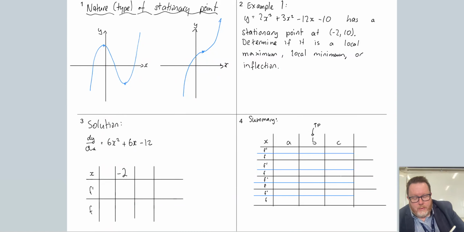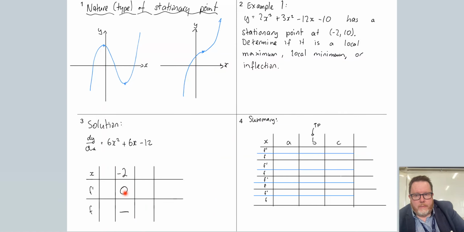And that means that the gradient at that point is 0. In terms of the original function, it means that we have a point where the gradient has flattened out. So I'm going to put that down as a dash like that to say the gradient is flat at that point.